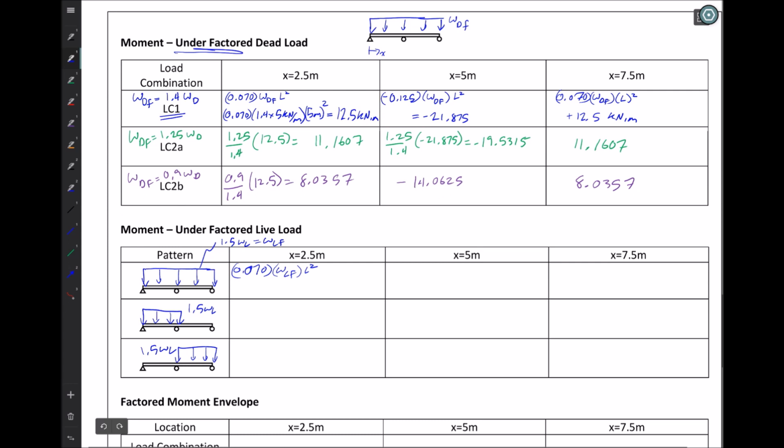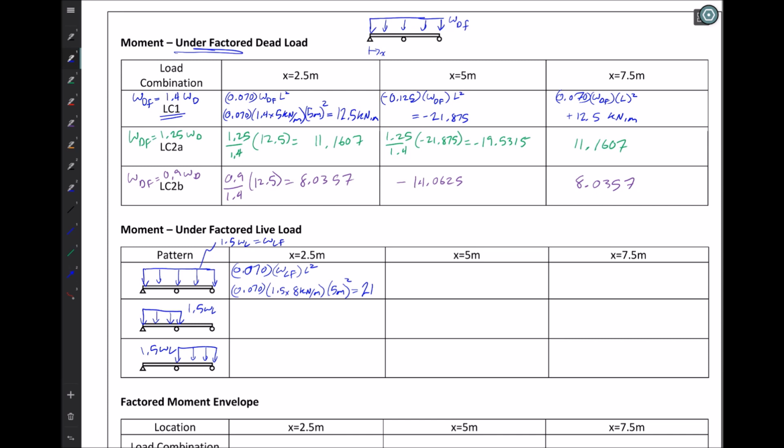Or 0.070 multiplied by 1.5 times 8 kilonewtons per meter multiplied by 5 meters, all squared, giving me 21 kilonewton meters.